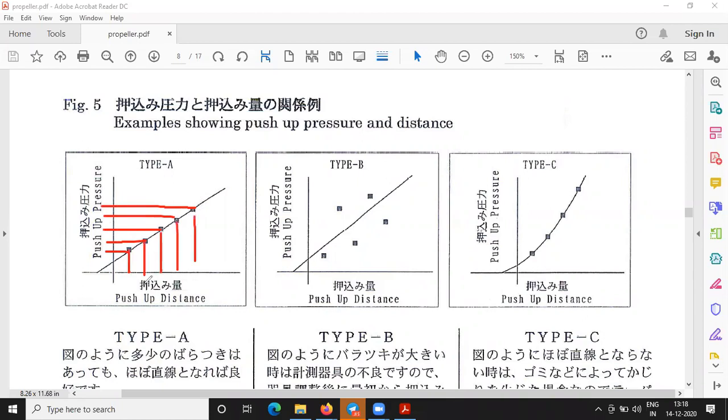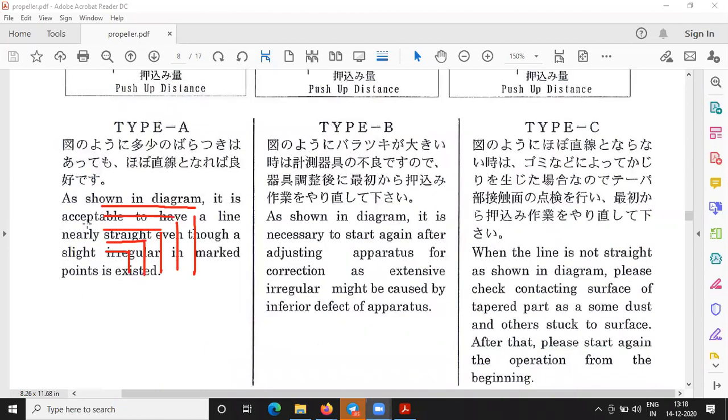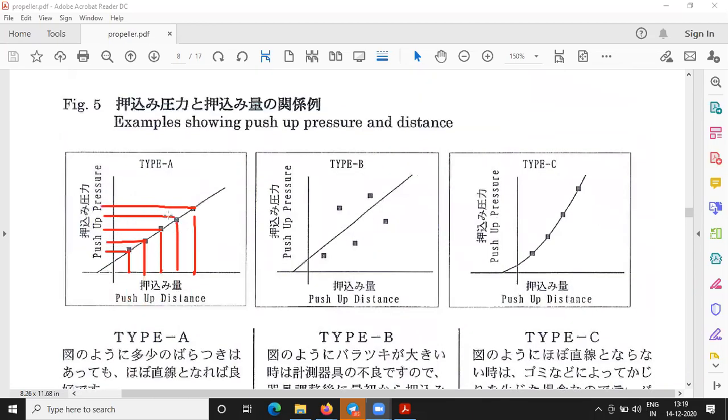That means, as shown in the diagram, it is acceptable to have a line nearly straight even though a slight irregularity in marked points exists. That means this is the system we can accept. Now the system is properly fitted.